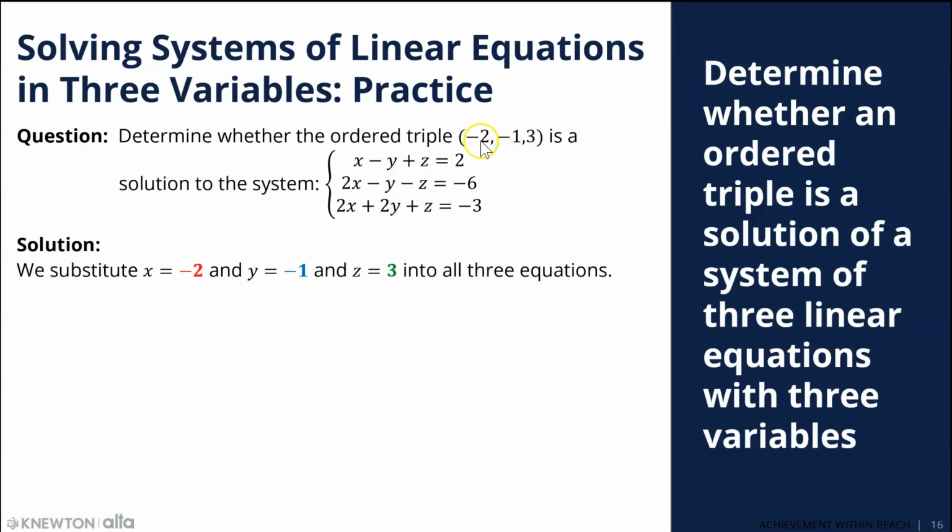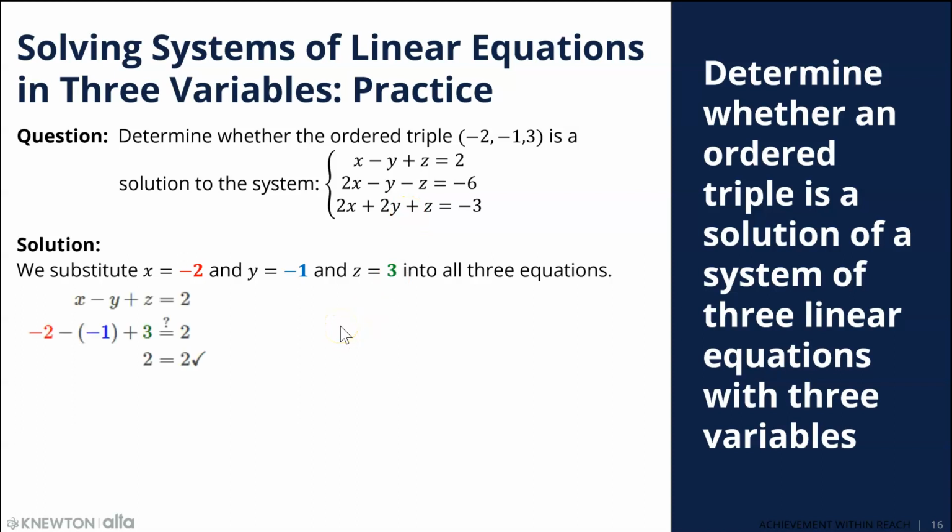The first component is x, the second component is y, and the third component is z. Hence, x is equal to -2, y is -1, and z is equal to 3. We will need to substitute these values into each of the equations here.